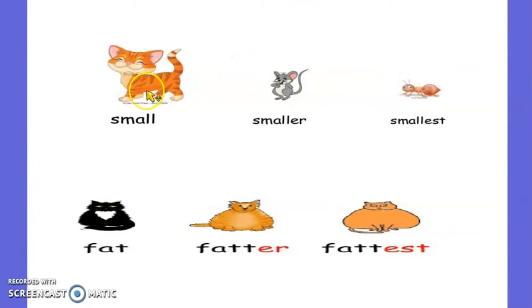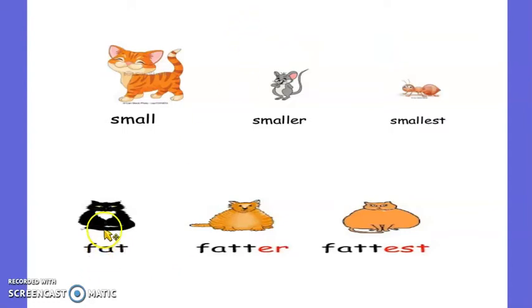If we compare between the cat and the rabbit, we say that the rabbit is smaller than the cat. If we compare the ant with the rabbit and the cat, إيش بنحكي؟ The ant is the smallest, because we compare more than two animals.